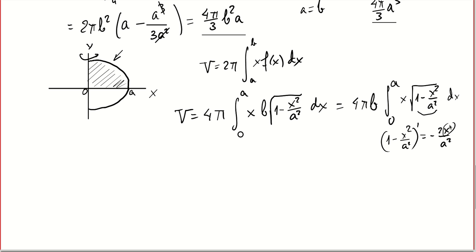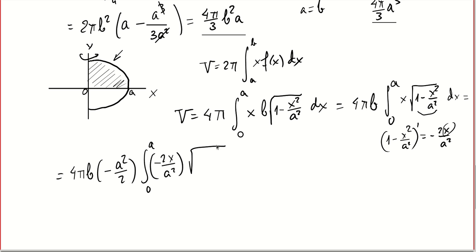There is an x here, and we already have an x here. The rest are constants, so we can compensate by multiplying and dividing by the appropriate constant. So if we multiply by minus a squared over 2, and here by minus 2 over a squared, right?